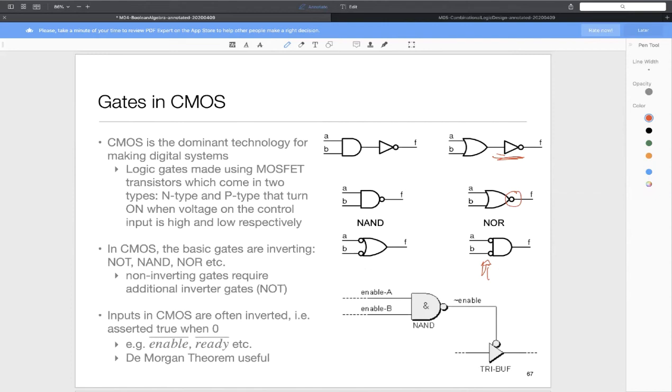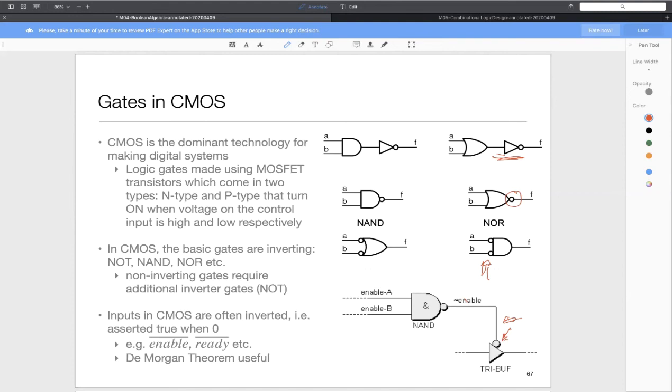So you will often see signals that are deliberately designed to be inverted. For example, this guy's control input here, on something called a tri-state buffer, which we will not see, is designed to be active when the signal at this controlling wire is low.